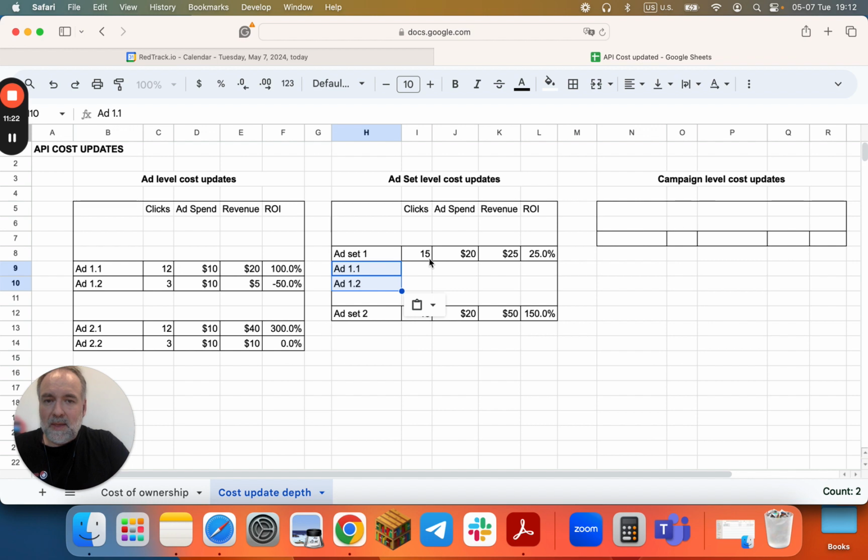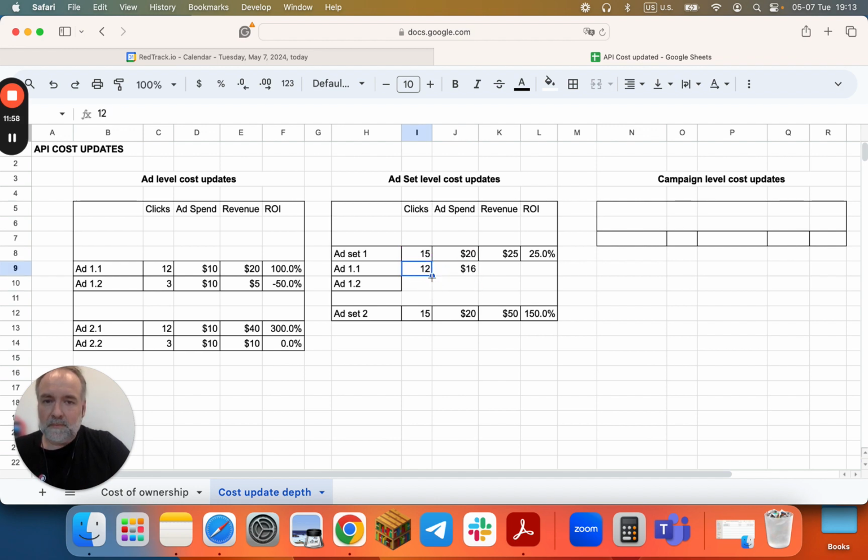What it will mean is that now these 12 clicks will incur a percentage of this total ad spend, and this will be basically equal to 20 divided by 15 total clicks, multiplied by the number of clicks.